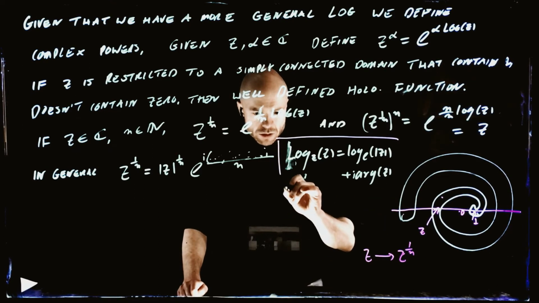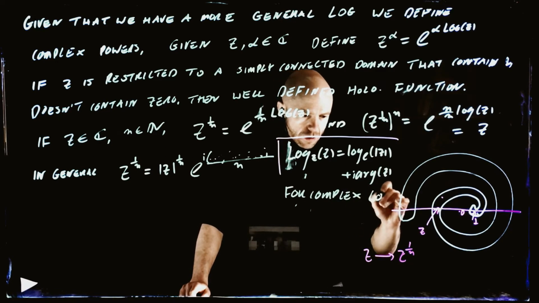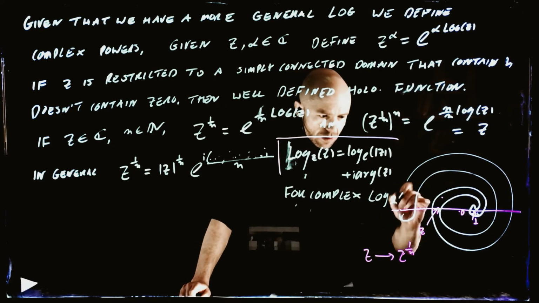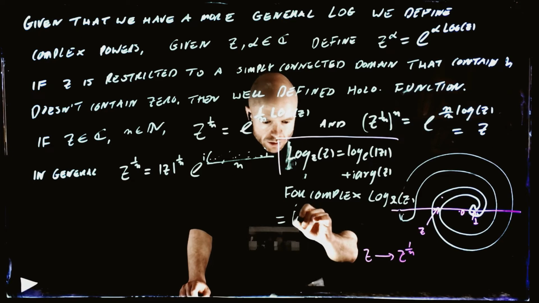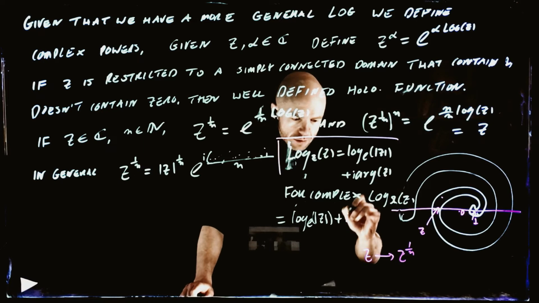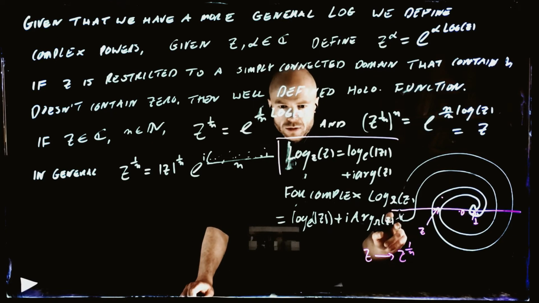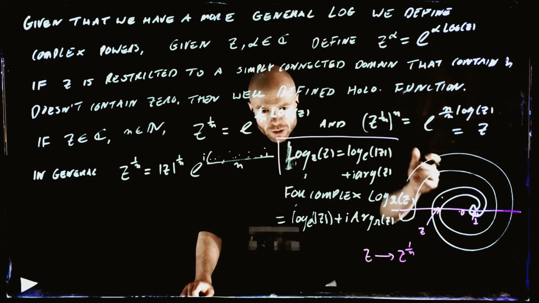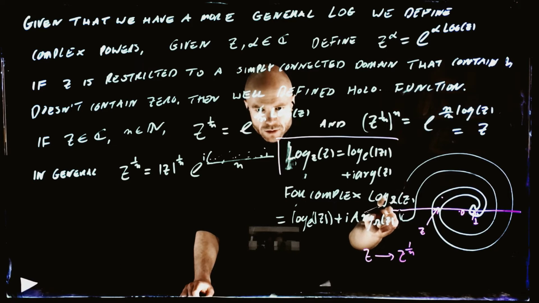So for complex log omega of z, it is equal to log to the base e of the absolute value of z, plus this smart choice of argument. So we have this function from z into the real numbers, which is a nicely continuous function, such that this is always true. So that defines this thing.